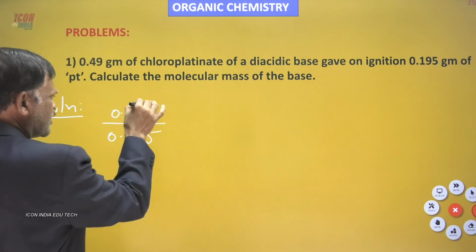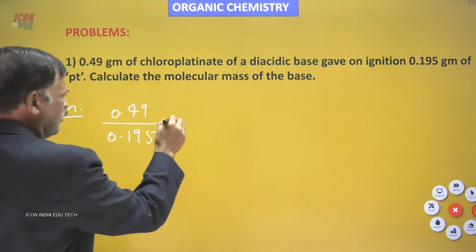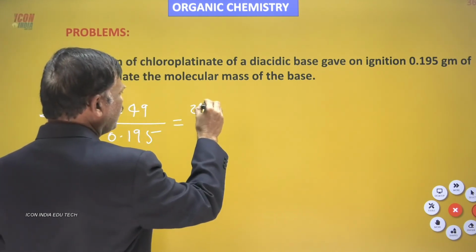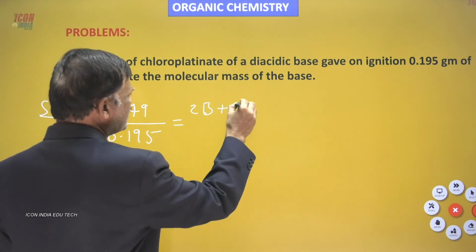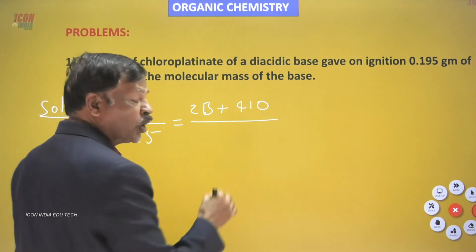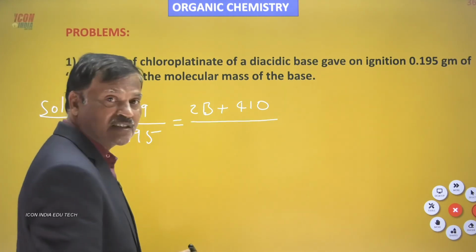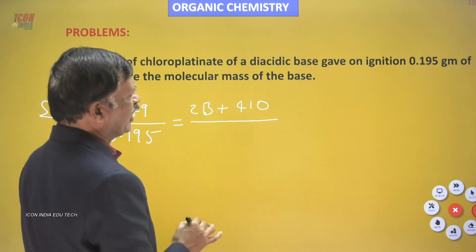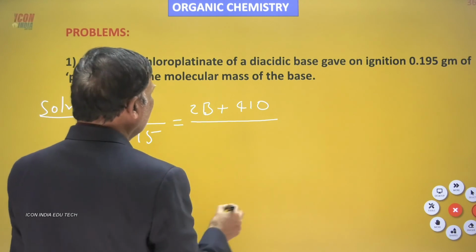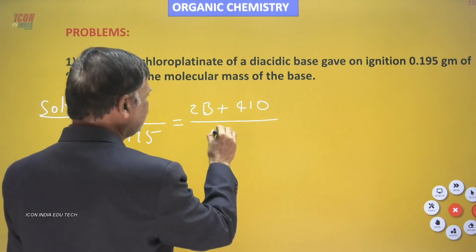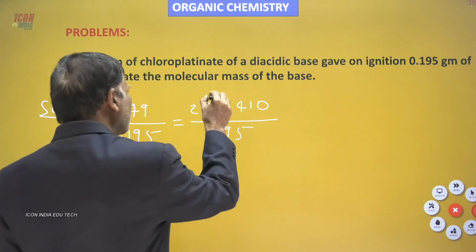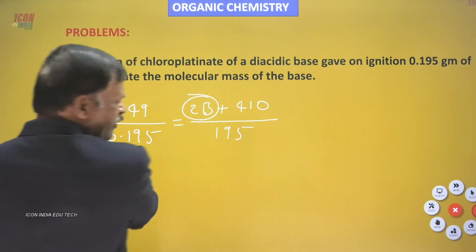Mass of chloroplatinate salt by mass of platinum is equal to molecular mass of chloroplatinate salt, that is B2H2PtCl6, 2B plus 410, divided by atomic mass of platinum, that is 195. From that, easily you can calculate 2B.